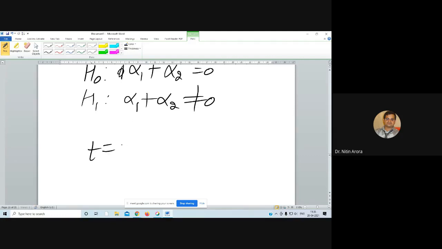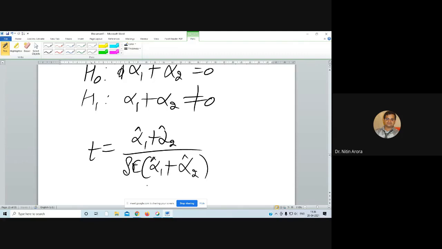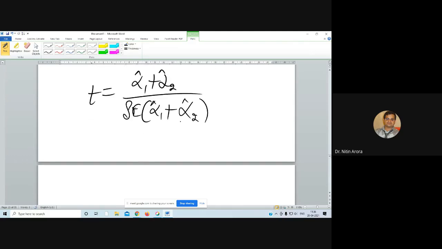The t statistic can be computed as alpha 1 cap plus alpha 2 cap divided by the standard error of alpha 1 cap plus alpha 2 cap. The standard error of alpha 1 cap plus alpha 2 cap can be written as the square root of the variance of alpha 1 cap plus alpha 2 cap.